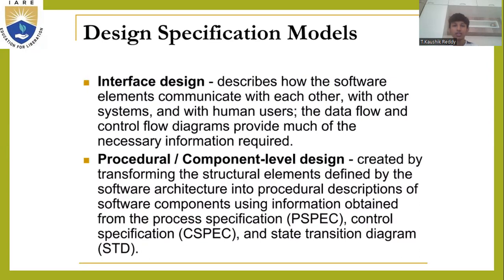Next, procedural or component level design is created by transferring the structural elements defined by the software architecture into procedural descriptions of the software components, using information obtained from the process specification, control specification, and the state transition diagram, STD.